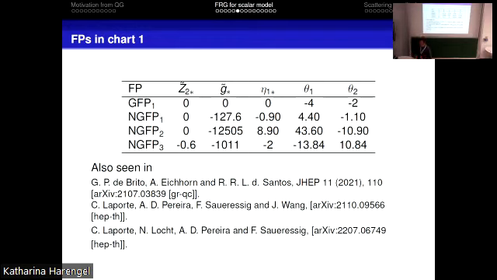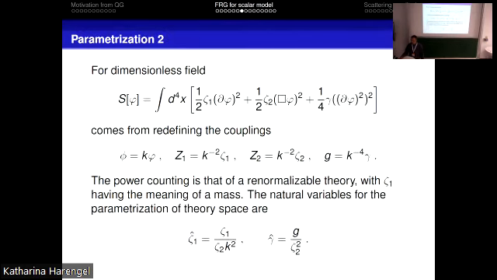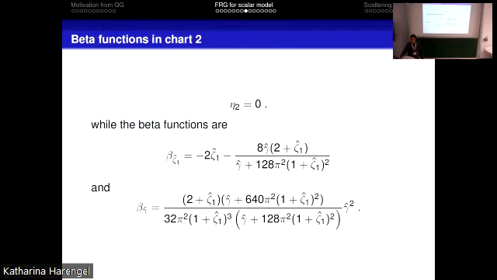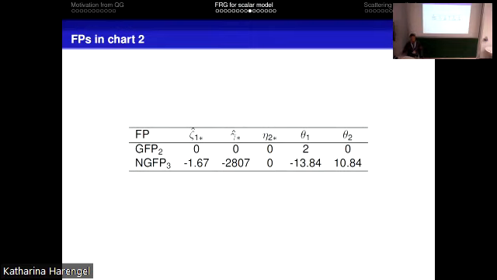We may or may not believe that they really exist, but anyway, they are there. This is similar to what we see in gravity. And these fixed points have already been noted by some of the authors listed here. If you parameterize in the other parameterization with dimensionless fields, there's a different definition of the dimensionless couplings given here, and different beta functions and different fixed points in principle.